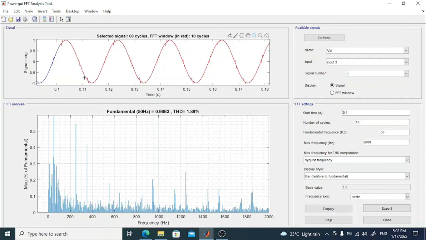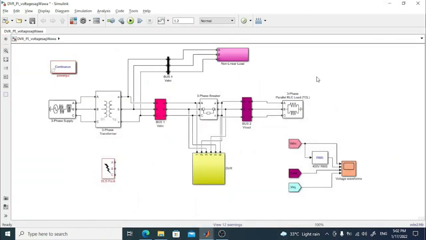Below you can see the THD, the total harmonic distortion, has reduced to 1.89% from 25% something. That's how we mitigate the harmonics and voltage sag using a dynamic voltage restorer.